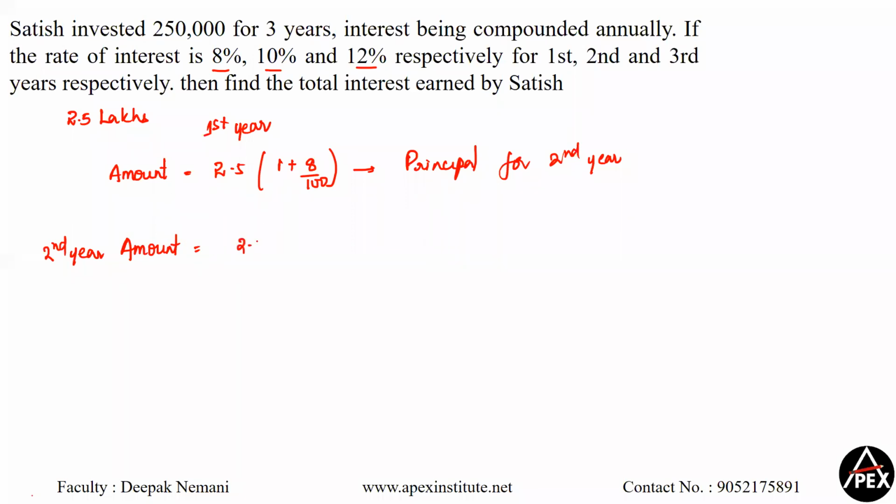So 2.5 into 1 plus 8 by 100 is the principal for the second year, into 1 plus 10 by 100, since the rate of interest was 10%. This will be the amount at the end of the second year, and this will be the principal for the third year.